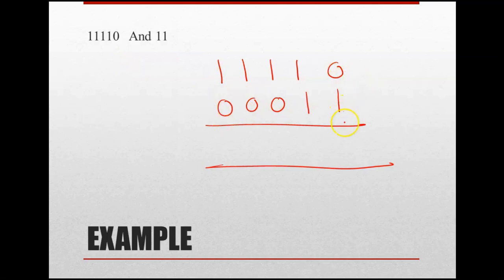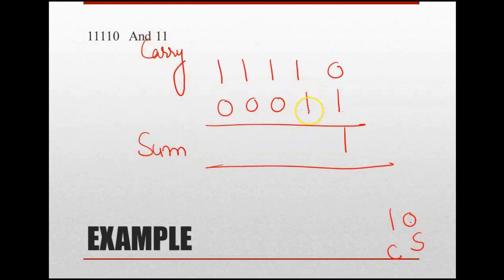Now go for it. 0 plus 1 is 1. 1 plus 1 is 1, 0, so the sum is 0 and the carry is 1. The sum part comes here and upside is the carry. Now 1 plus 1 is 0 but the carry is 1, so it will come here, and 0 plus 0 is 0.